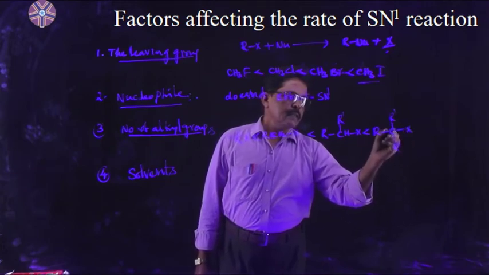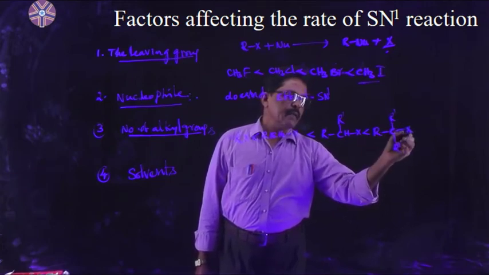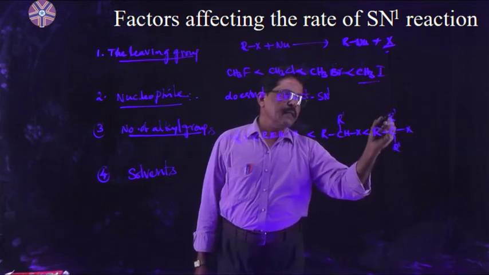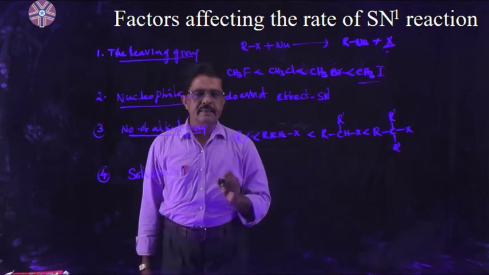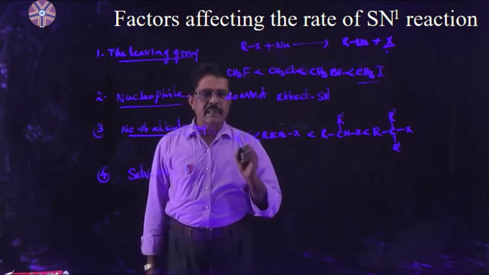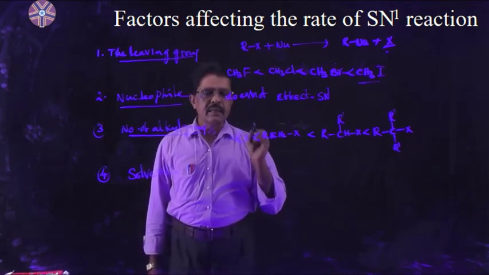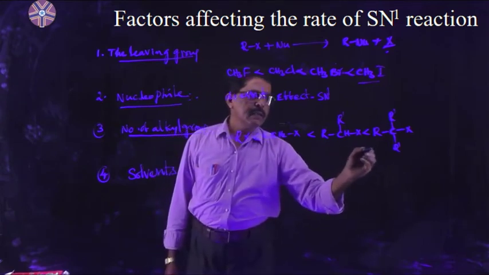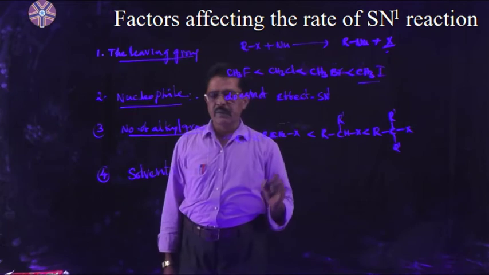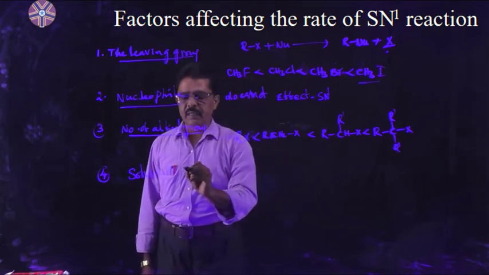Here this carbon having the leaving group contains 3 alkyl groups. If the number of alkyl groups increases, the rate of SN1 reaction increases because of the stability of the carbocation.